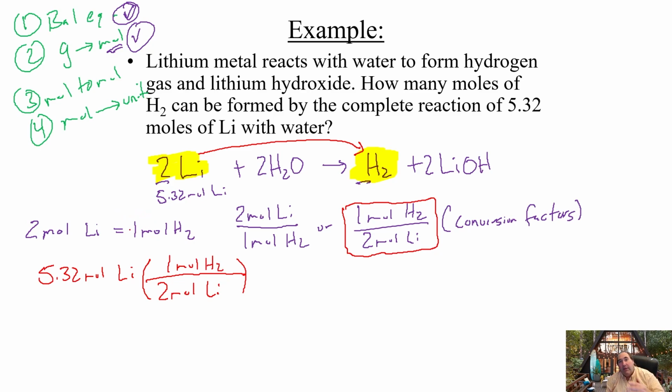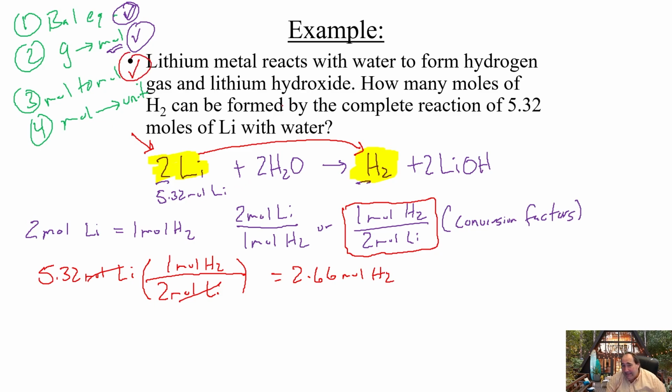That is the big stoichiometry move. It comes from the coefficients in our balanced equation. The moles of lithium will cancel. We take 5.32 divided by 2, which gives us 2.66 moles of hydrogen, which is right there.